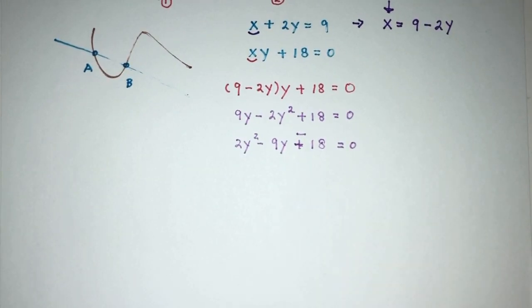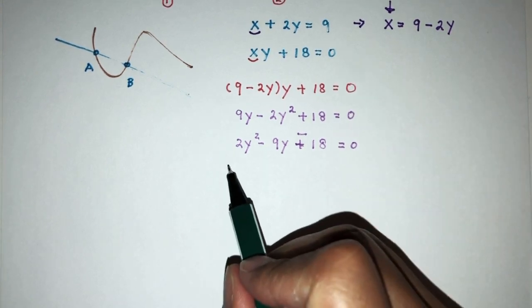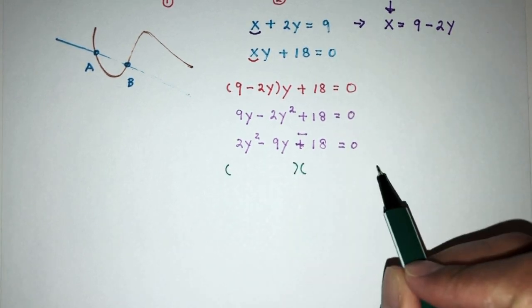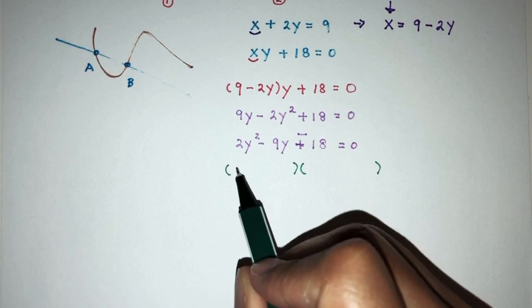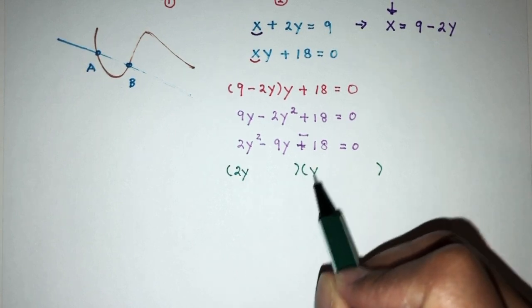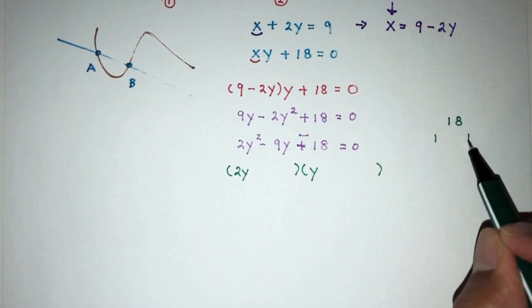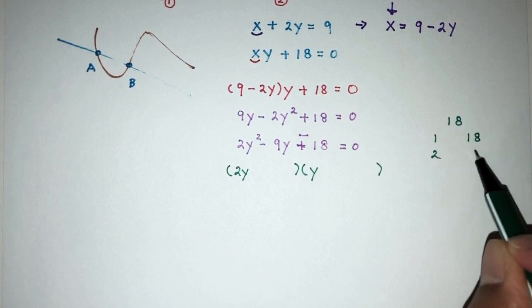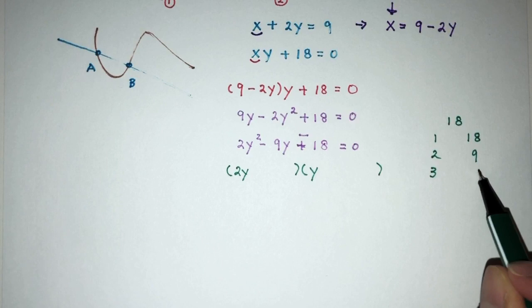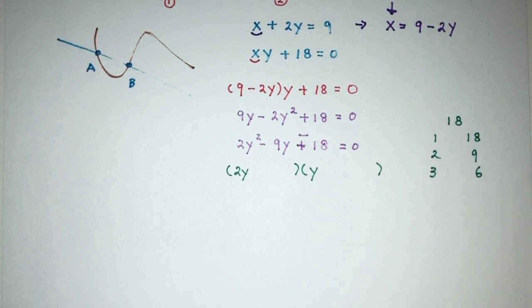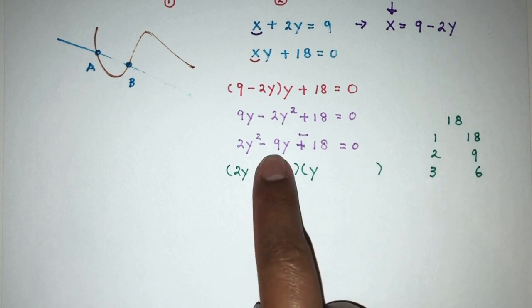Now as you can see, this one will be a simple quadratic equation. So let's try to solve this. So factorize. Here we have 2y squared, that will be 2y times y. And what is 18? We know it is 1 times 18, 2 times 9, or 3 times 6. So we have these few options we can choose from, but the goal here is to get minus 9.